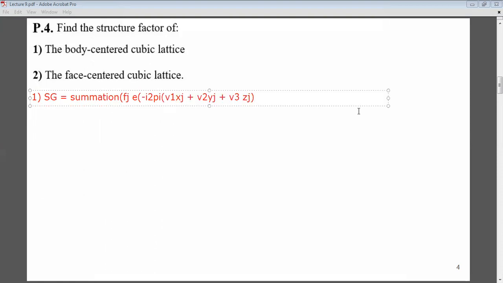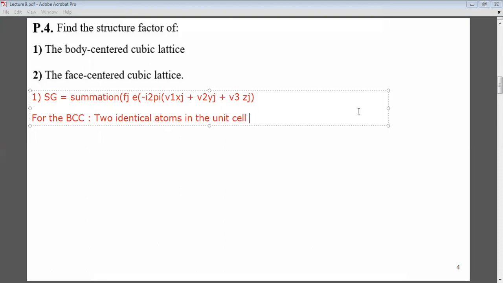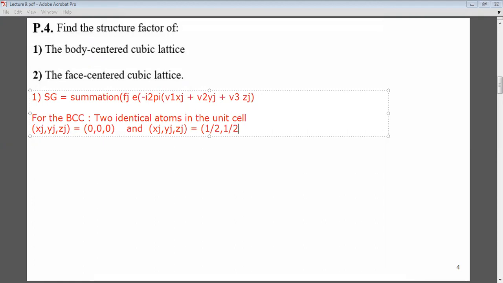Now for the BCC, I have two identical atoms in the unit cell, one at xj, yj, zj equal 0, 0, 0, and another one where xj, yj, zj is equal to half, half, half.